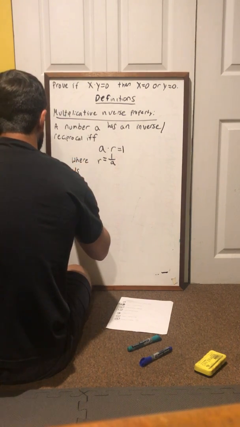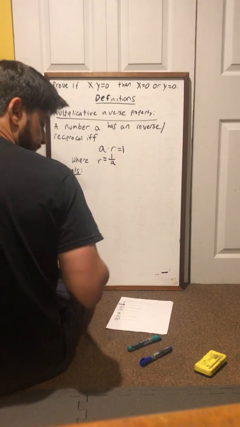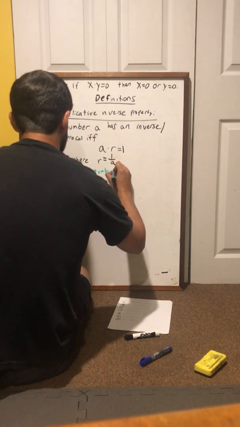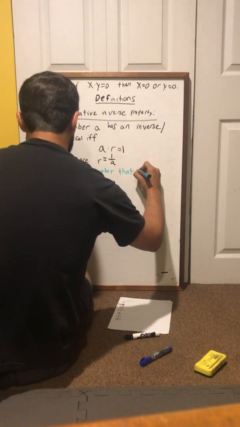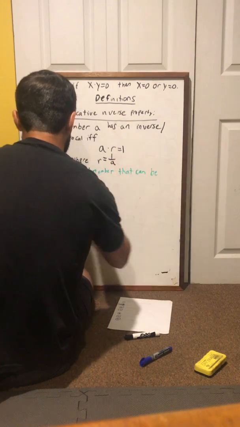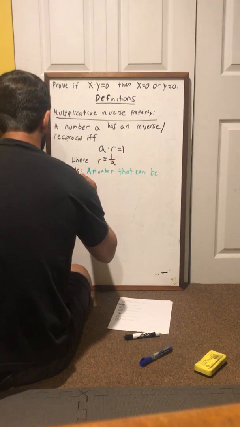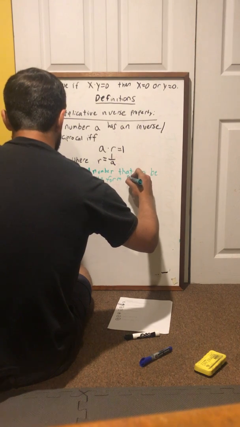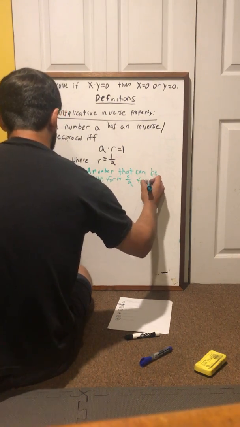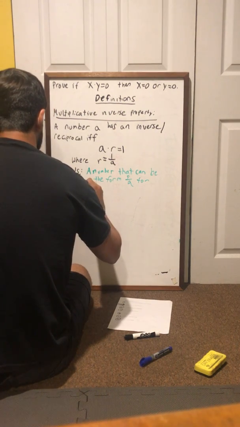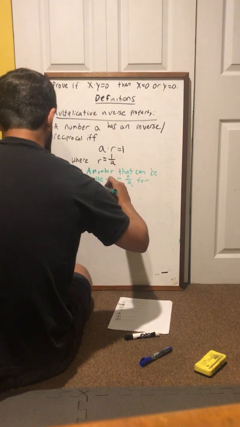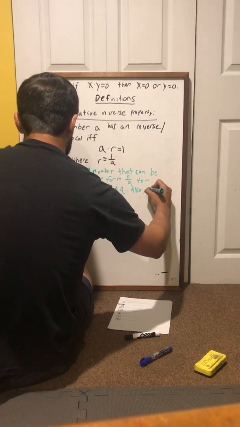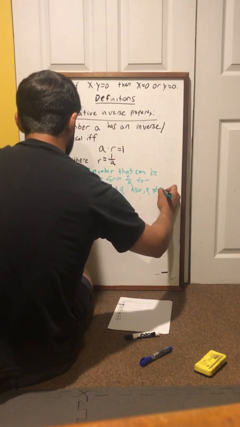All right, so a rational number is a number that can be expressed in the form P over Q for some integers P and Q. Also, Q is not equal to 0.